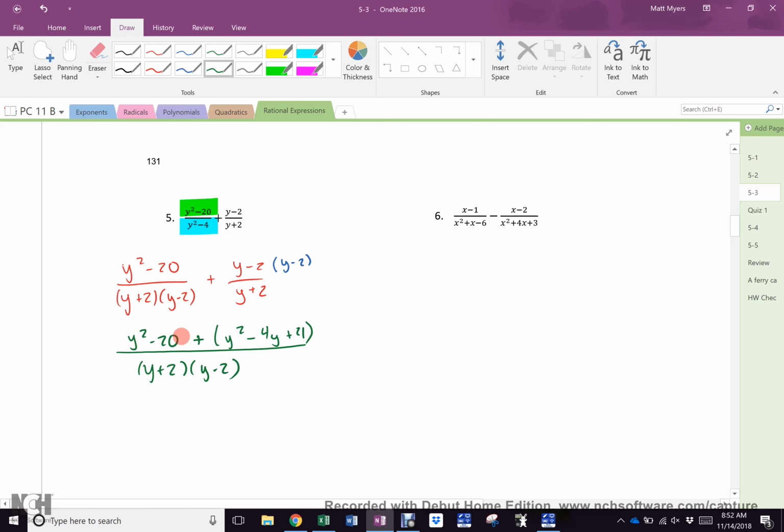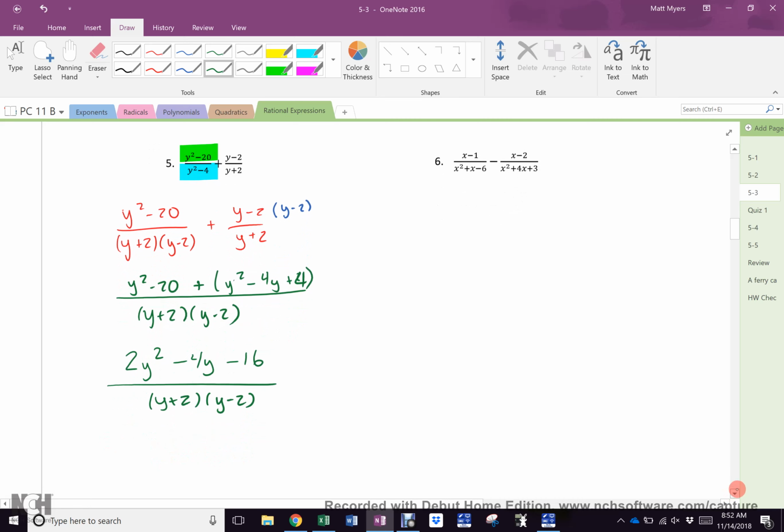So, what's y squared plus y squared? 2y squared. What's no y's plus negative 4y's? Negative 4y. What's negative 20 plus 4? So negative 16. All that over y plus 2, y minus 2.